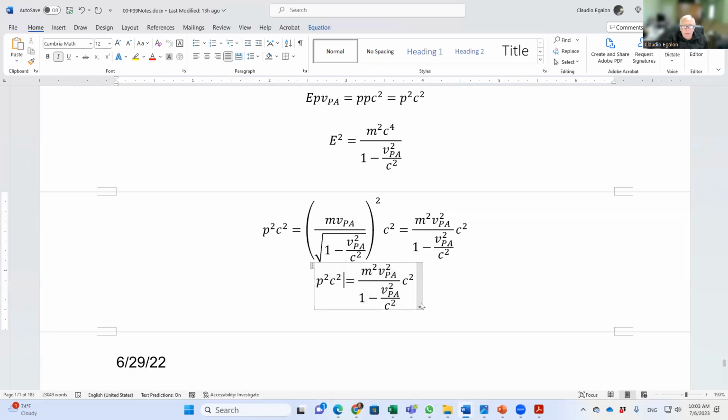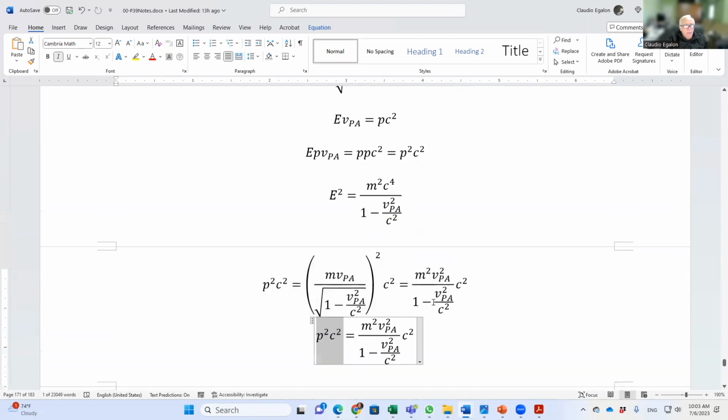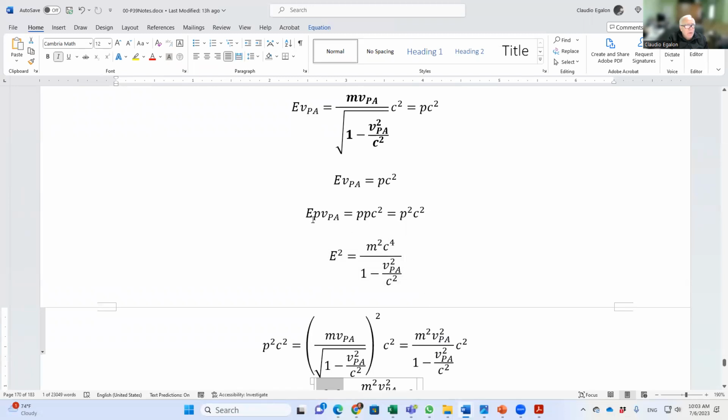I'm going to add the term of the rest mass. Let's not forget that p squared times c squared has units of energy, momentum, and so on. Okay.